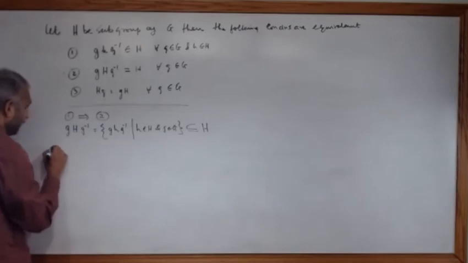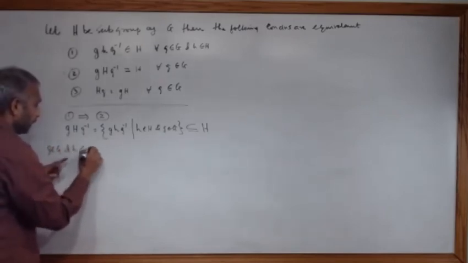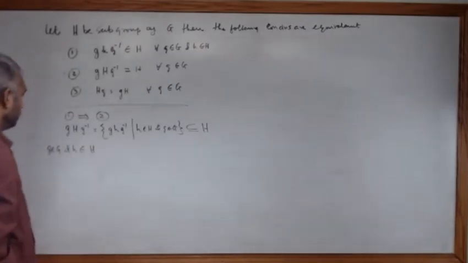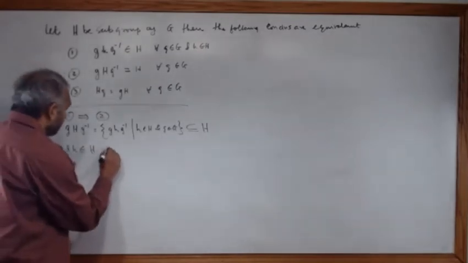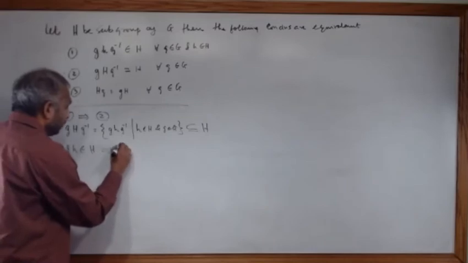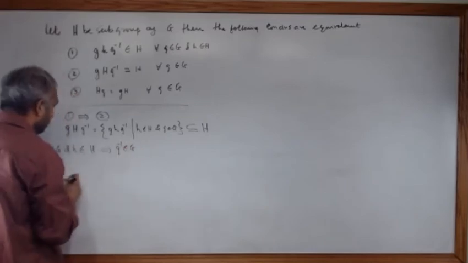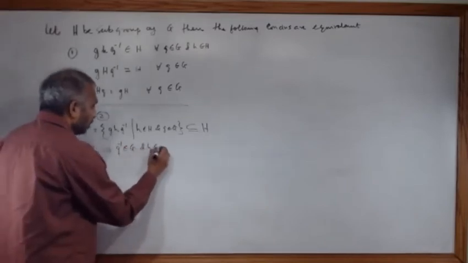So let us take then g belongs to G and h belongs to H. This implies g belongs to G means g inverse belongs to G and h belongs to H.